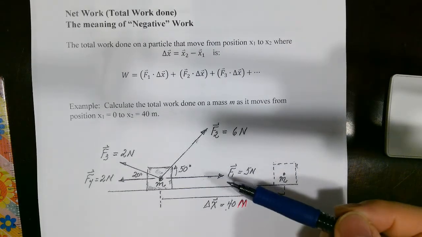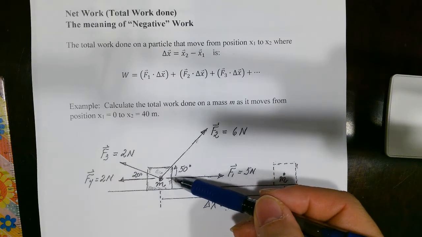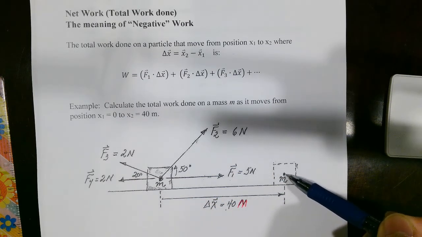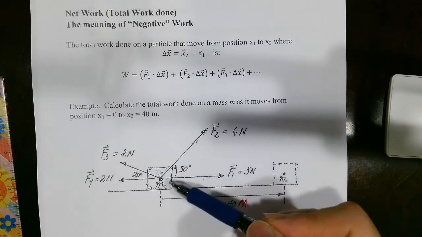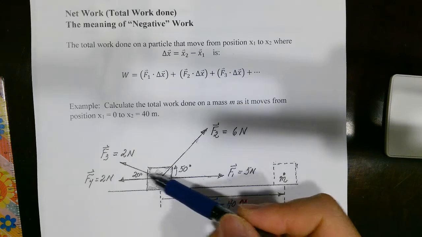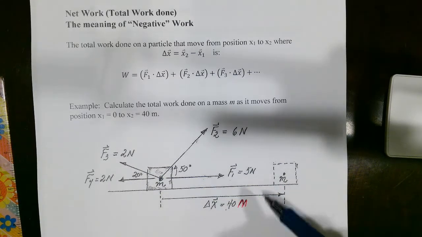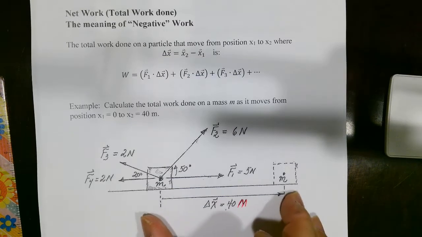So even though this force 1 is working on this mass to go 40 meters this way in the positive x direction, force 2 has the same common delta x, same as force 3 and force 4. The delta x is common for all those forces.